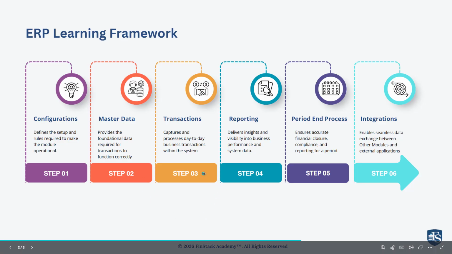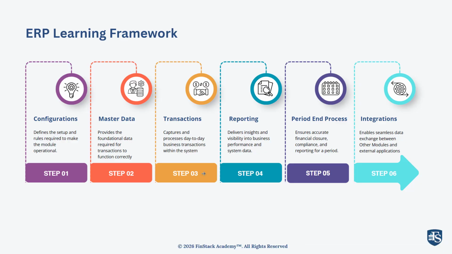Step 3. Transactions. Now we come to the part that most learners immediately jump into. Transactions. These are the day-to-day business activities performed within the ERP system. Examples include purchase orders, invoices, payments, receipts, journal entries. But here is something very important. Never learn transactions in isolation. Every transaction is part of a larger business process. For example, a supplier invoice does not simply appear in the ERP system.